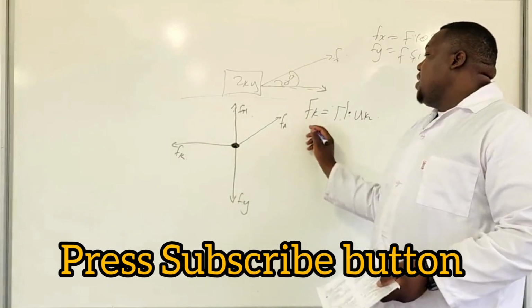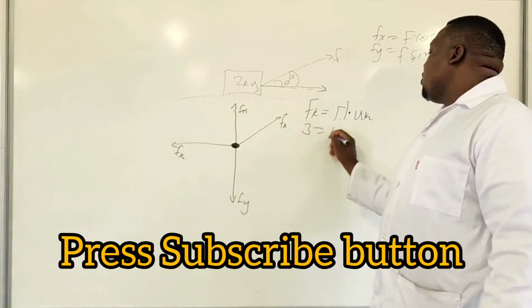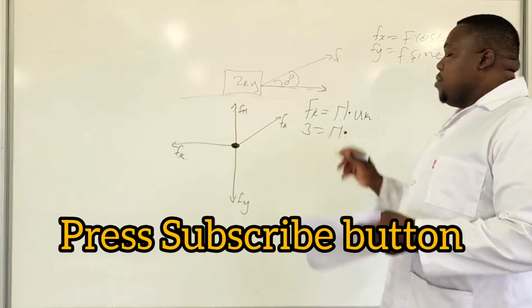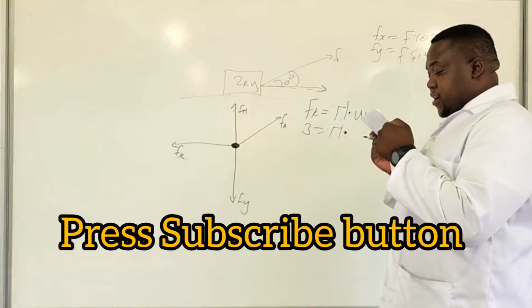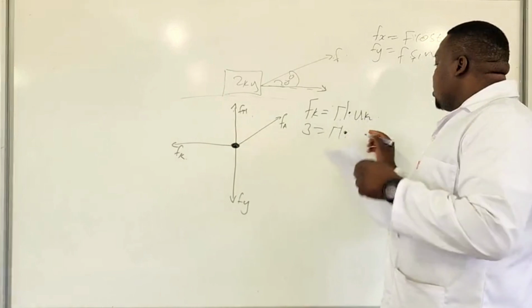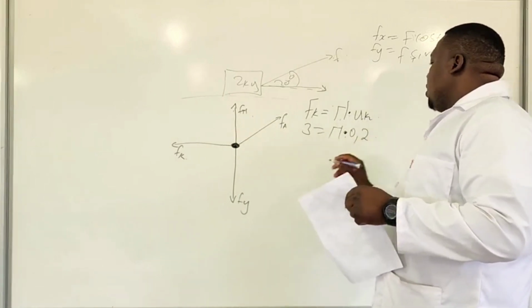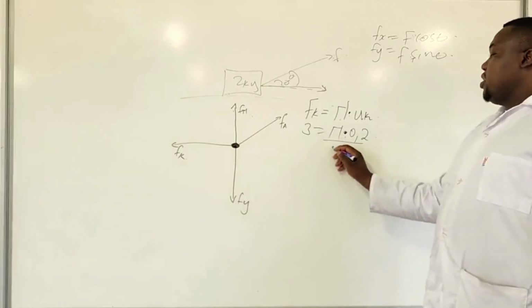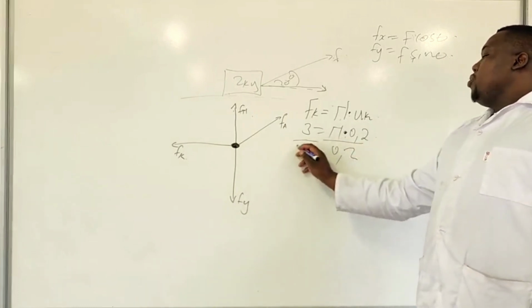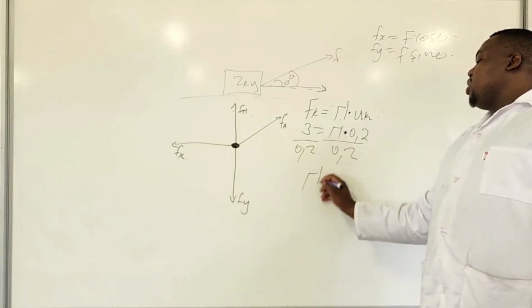Then, given the kinetic friction is 3, the normal force multiplied by the coefficient of kinetic friction, which is 0,2, gives 3. If we want to get the normal force, we divide by 0,2 on both sides.